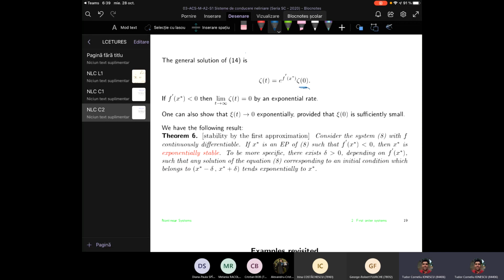If this derivative is negative, if f prime of x star is negative, then this term goes to 0. Okay. I think there is a slight mistake here. What's the mistake here? See it?